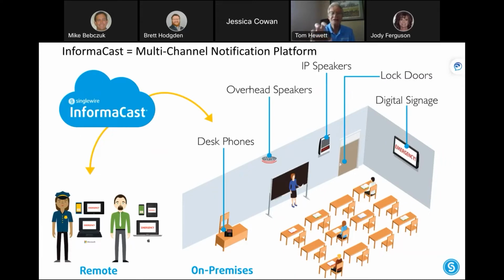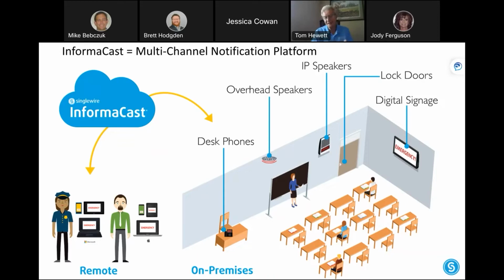Our job is to glue together disparate technologies, like your desk phone into your door control system. That's what InformaCast will do from an on-premise perspective. We also send text and audio alerts, pop-up messages out to PCs as well as mobile phones, and you can also then trigger a lockdown from your mobile phone, which I'll show, and also from a PC.